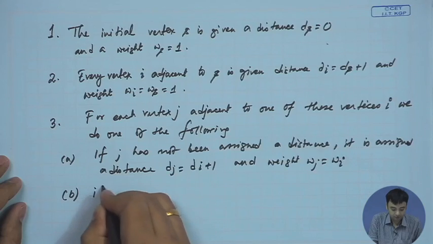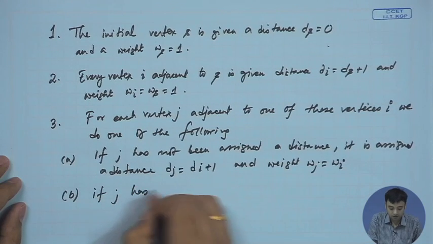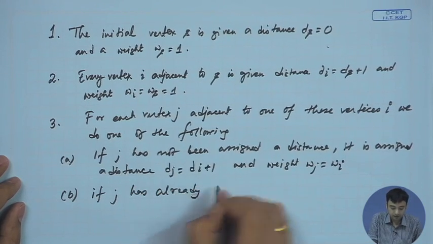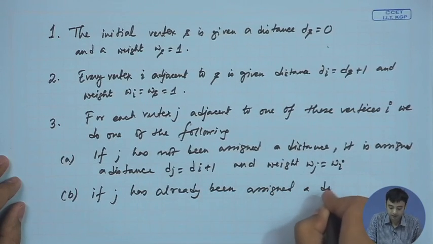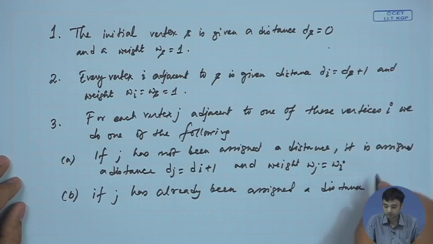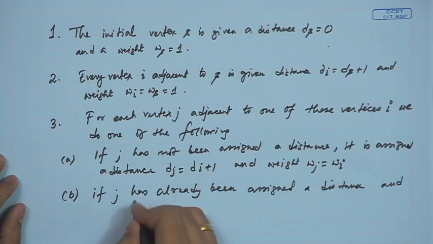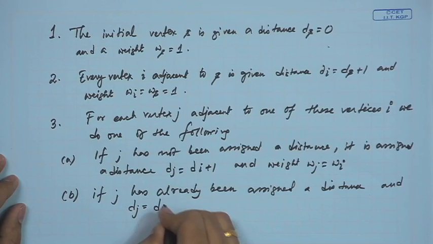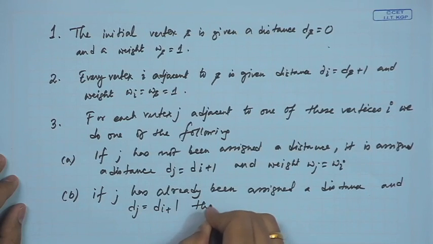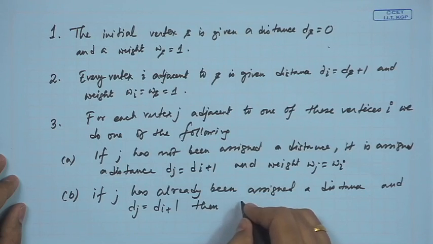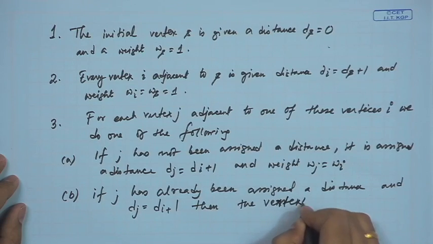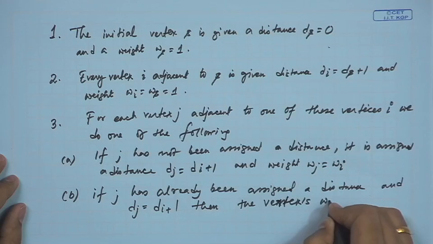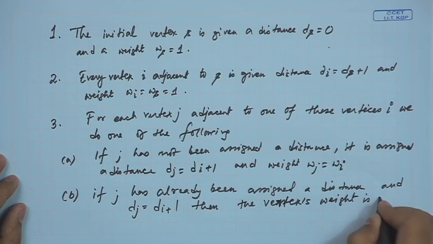However, if j has already been assigned a distance, that is, it has already been explored, and it is such that dj is equal to di plus 1, then the vertex's weight is increased.